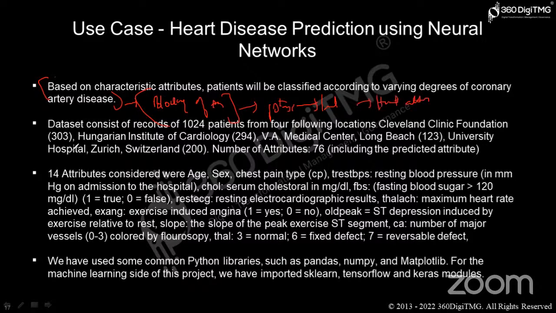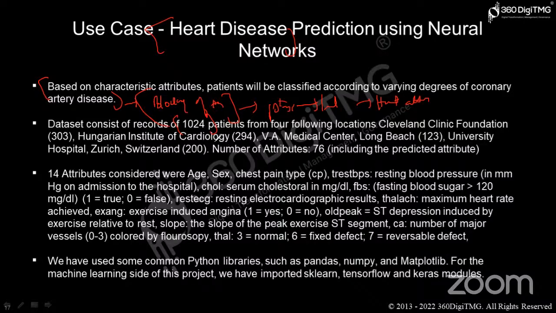Now we are using an artificial neural network technique to recognize heart disease using the patient data. We have taken records of 1024 patients from 3 different hospitals.